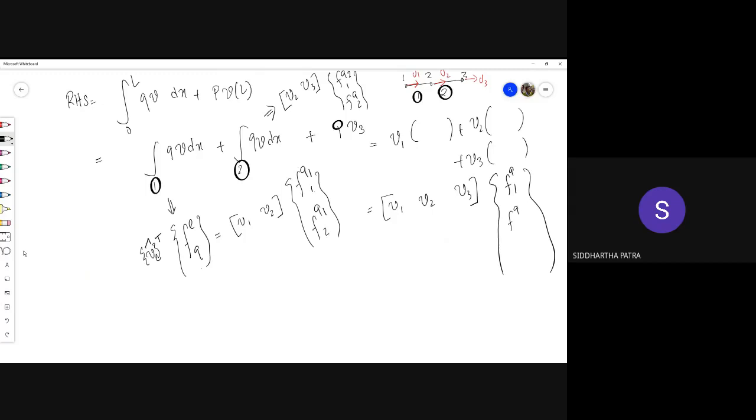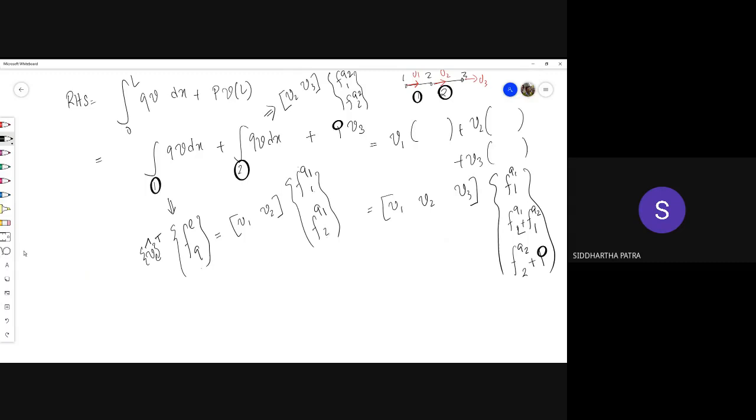If q2 1, if q2 2, coming from the second element. So this is how it is going to look like.